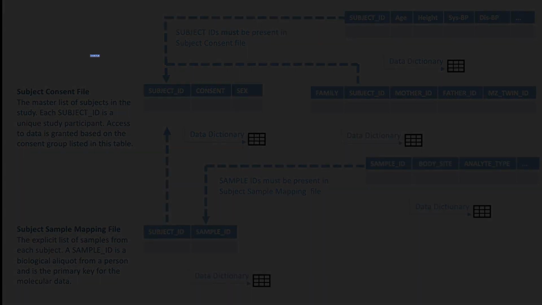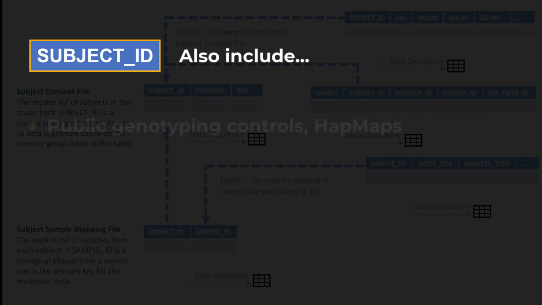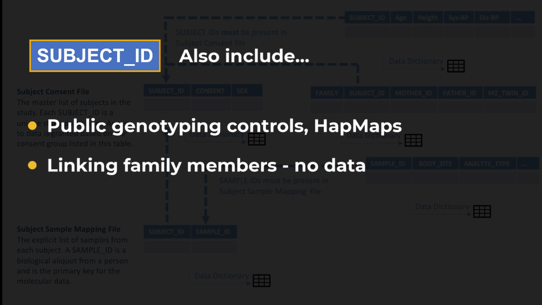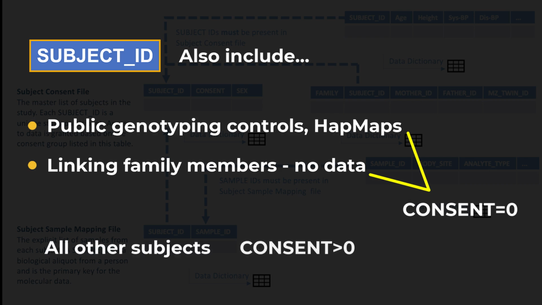The list of subject IDs should also include publicly available genotyping controls, such as HapMaps, and linking family members having no individual level data, but which are required to complete the pedigree. These subjects are the only ones that can be assigned consent equals 0. All other subjects must be assigned a consent value using an integer greater than 0.